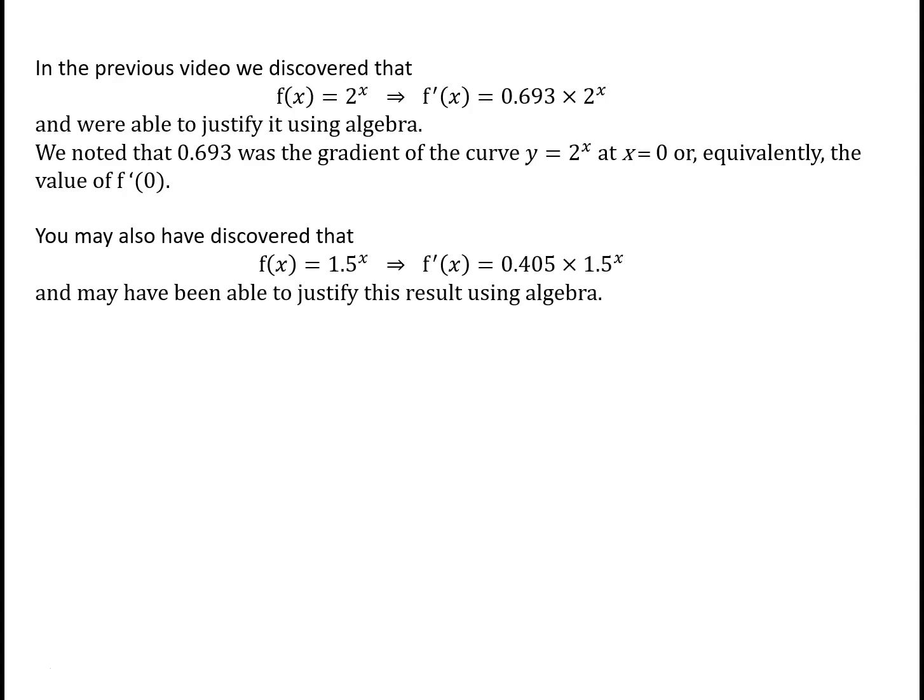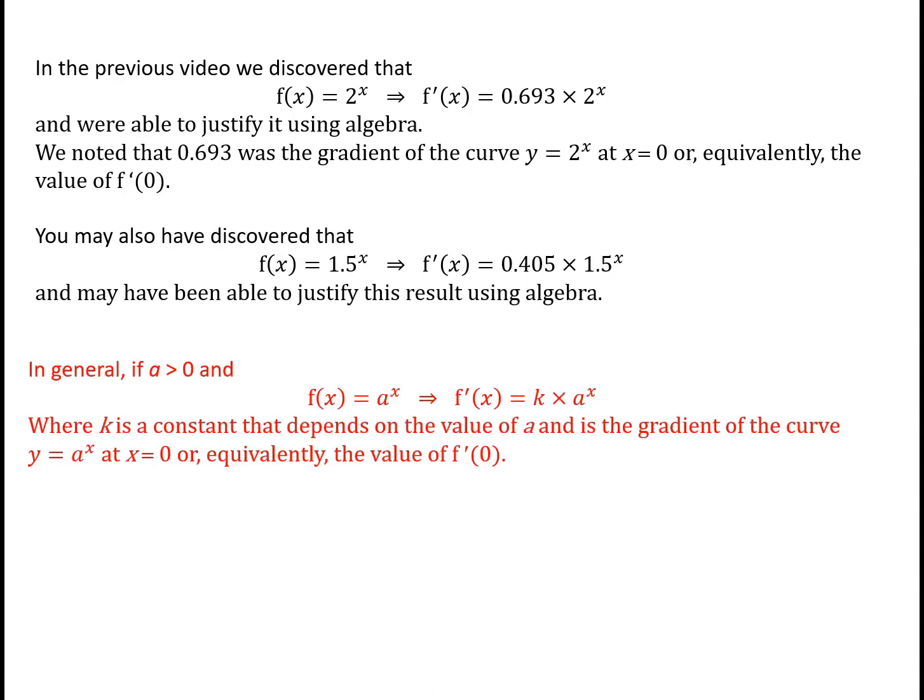In addition, if you looked at the challenge question at the end of the previous video, you may also have discovered that if we started off with the function f of x equals 1.5 to the power x, then f dash x turned out to be 0.405 times 1.5 to the power x. And again, you might have been able to justify this result using some algebra.